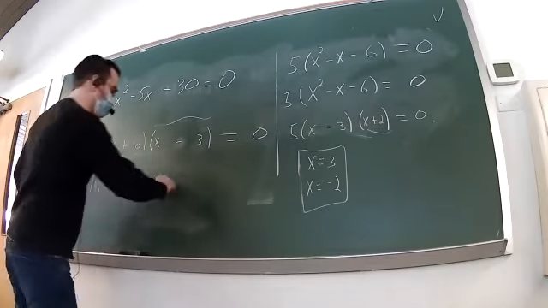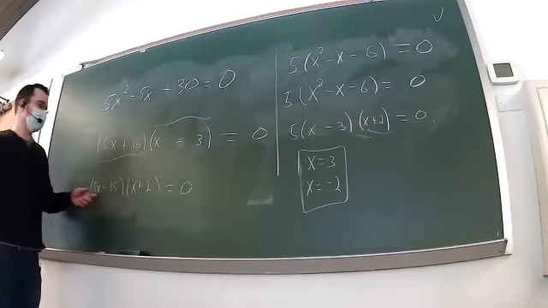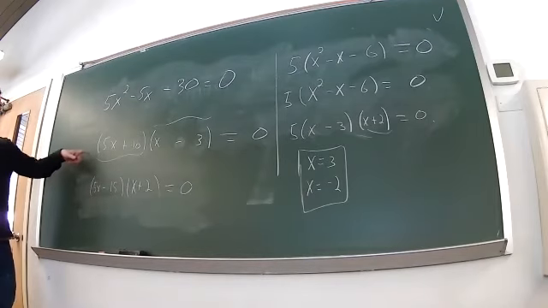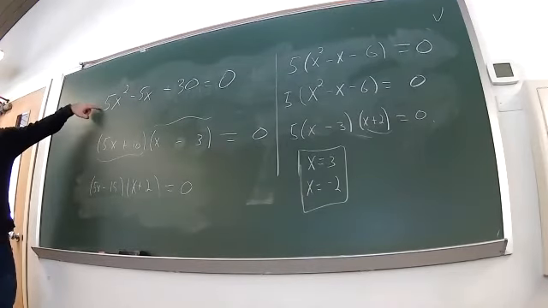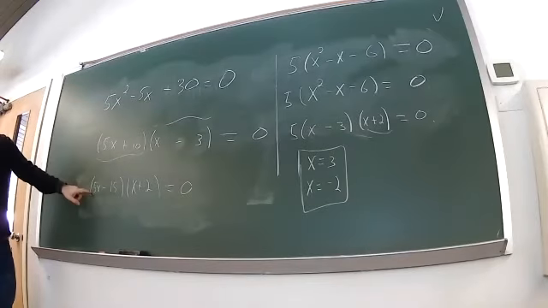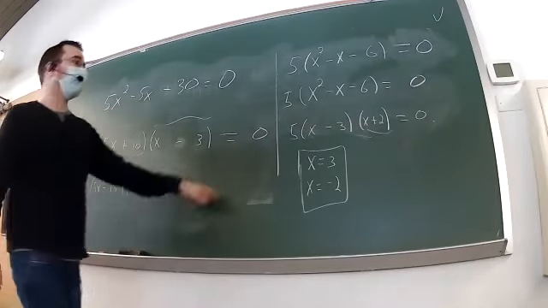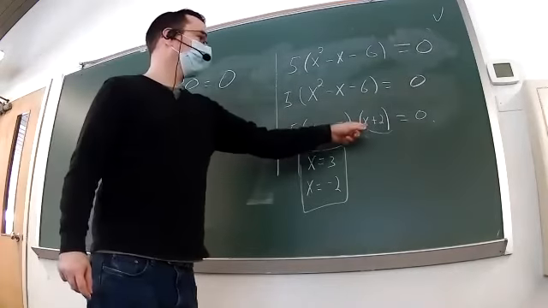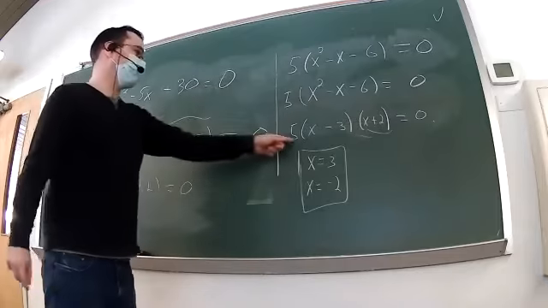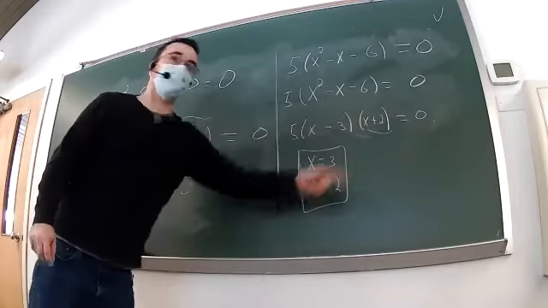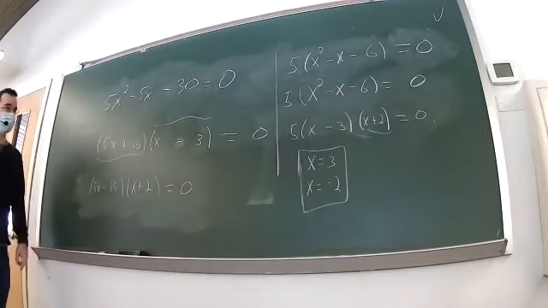That's a completely legitimate way of doing it. So there are multiple answers to factoring this. Here's one that we found. Here's another one. How did I get this? Because I just looked at 5 times x minus 3 times x plus 2, and I put the 5 with the x minus 3 instead of the x plus 2.